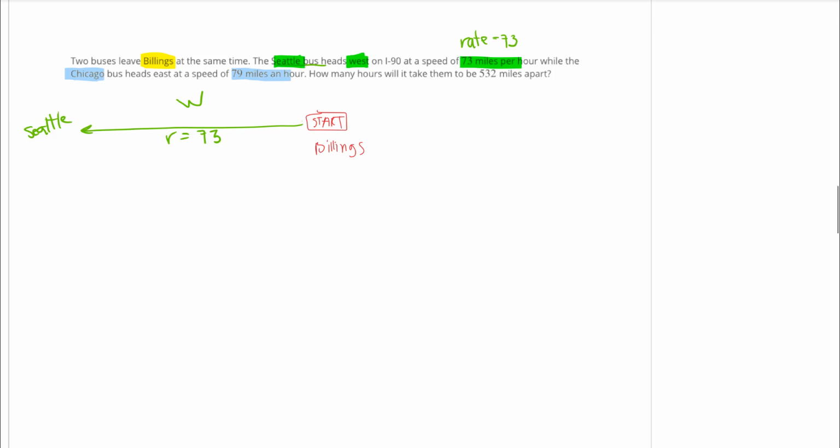And this one is definitely heading east. So, it starts at the same place, but this one is heading east, and is going towards Chicago. And its rate is 79 miles per hour. And these are buses going in opposite directions, but starting at the same place, like the bus station.